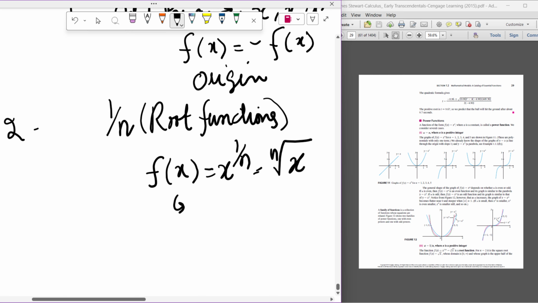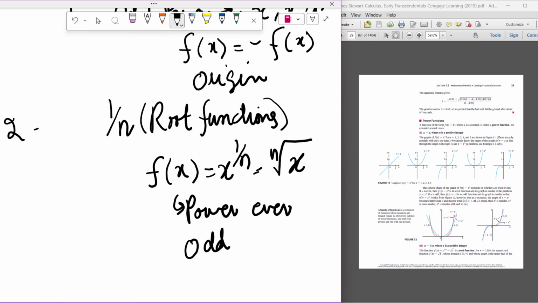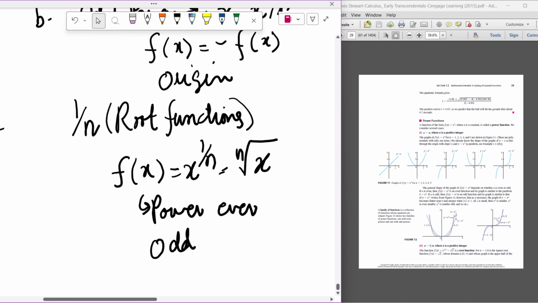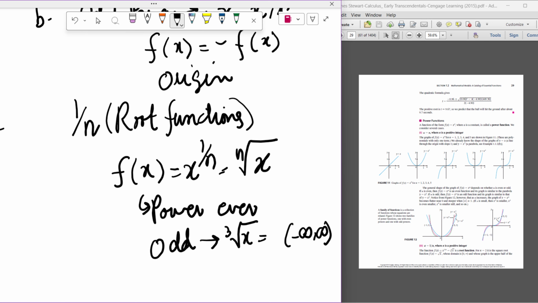In this case, the power can be even or it can be odd. Whenever the case is odd, let's say x power cube, the domain will be all real numbers, minus infinity to plus infinity.